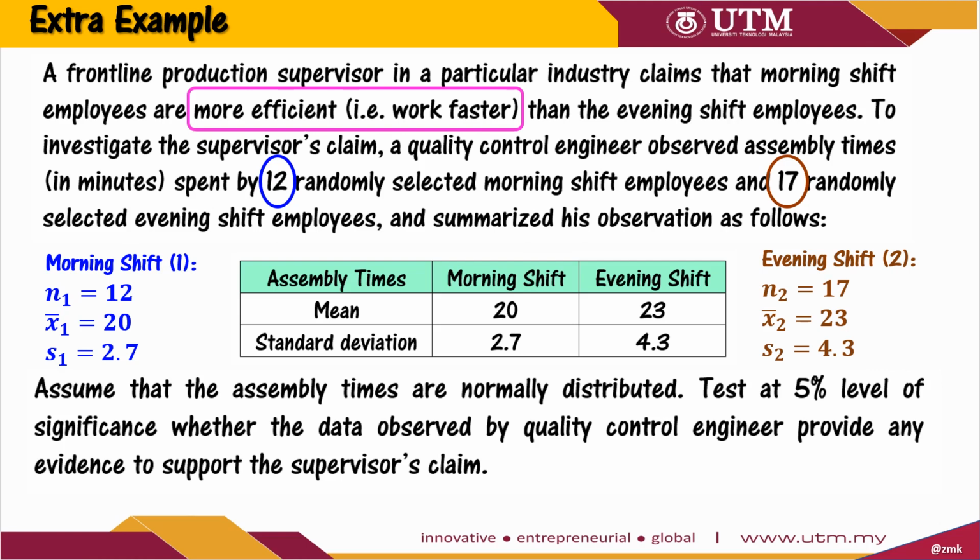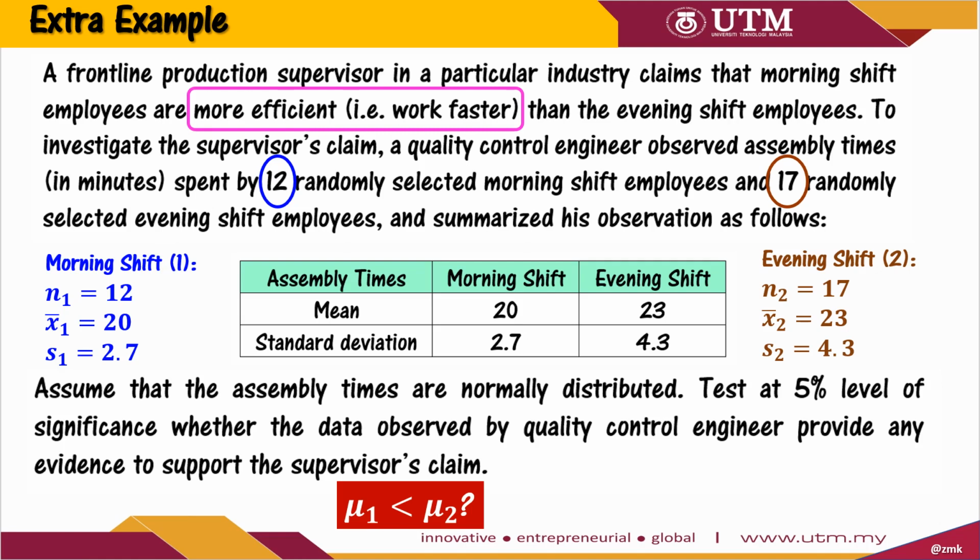Does it not imply that the average assembly time taken by morning shift employees is shorter or less than the assembly time taken by the evening shift employees? That is, we want to test if mu1 is less than mu2, or mu1 minus mu2 is less than 0, right?